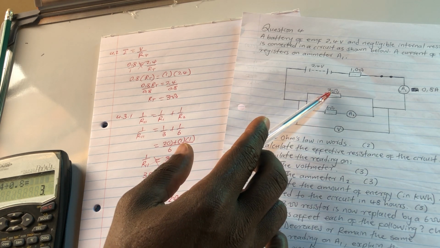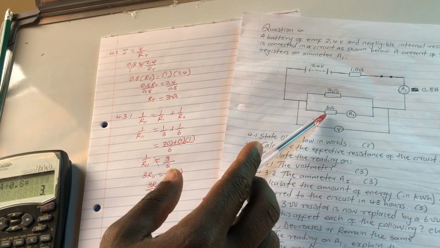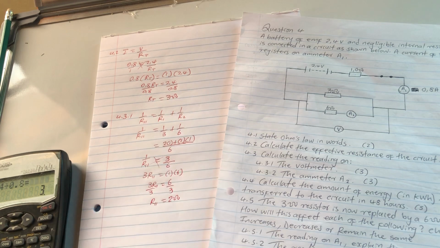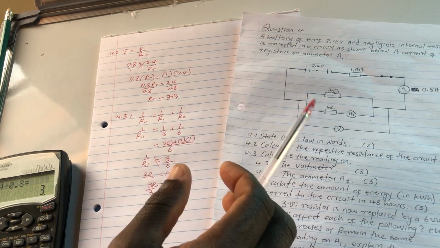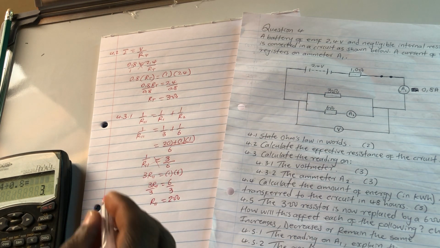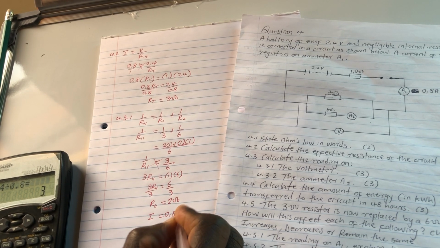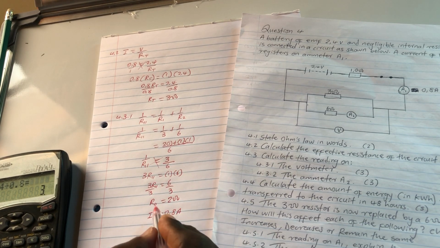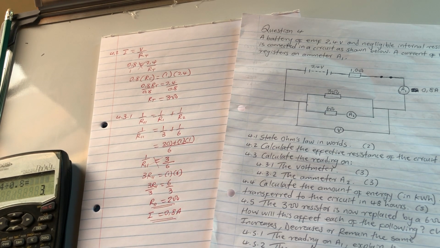So the combination of the current passing through 3 and 6 is 0.8 A. It means that I know the current which is passing through R parallel. That current is 0.8 A.